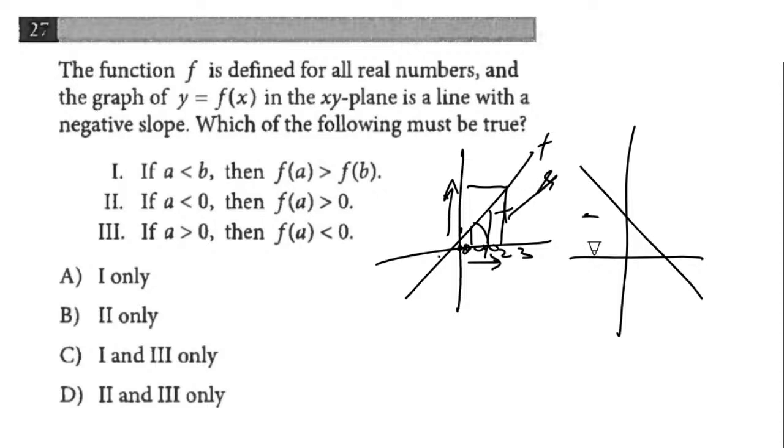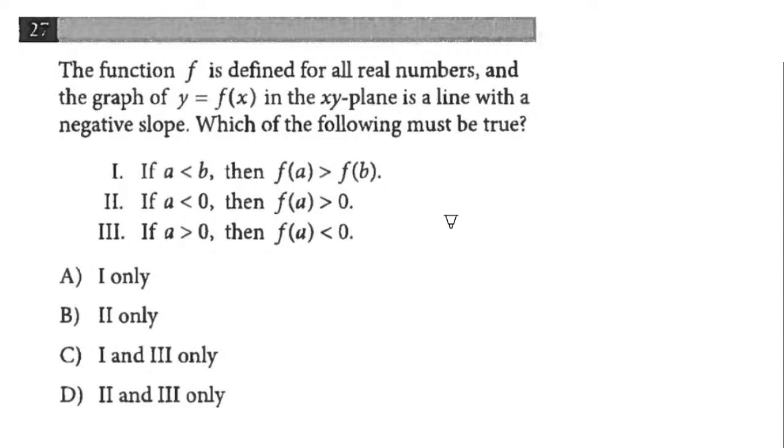And here, when my x goes right, when it increases, my y decreases. So it goes down. That's why it's negative. It's just a note on how to know if a slope is positive or negative. So I have a line with a negative slope, okay?